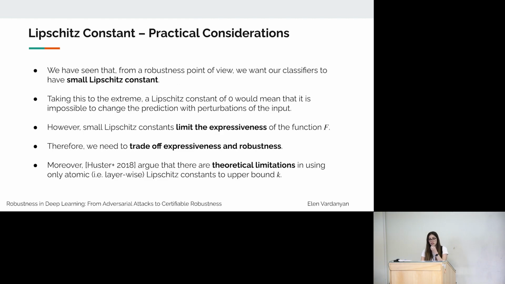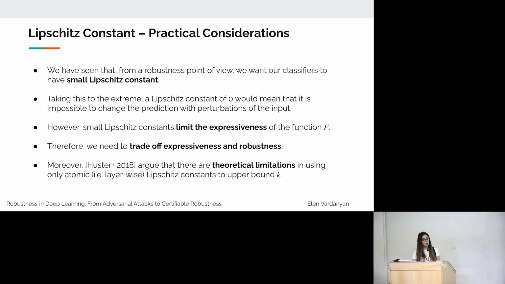Some practical considerations about this Lipschitz constant: from the robustness point of view, we do want our classifiers to have a small Lipschitz constant. For example, if we take the extreme of 0 as the Lipschitz constant, it would mean that it is impossible to change the prediction even though we have perturbations in the input space.